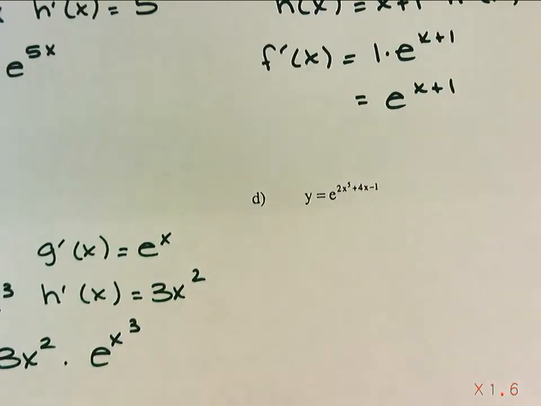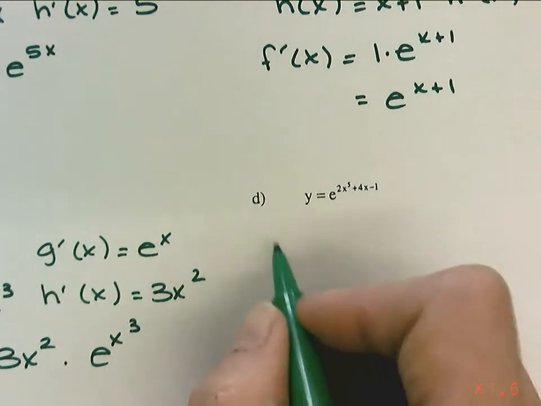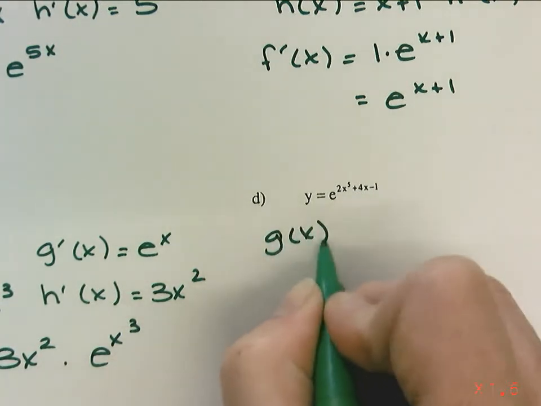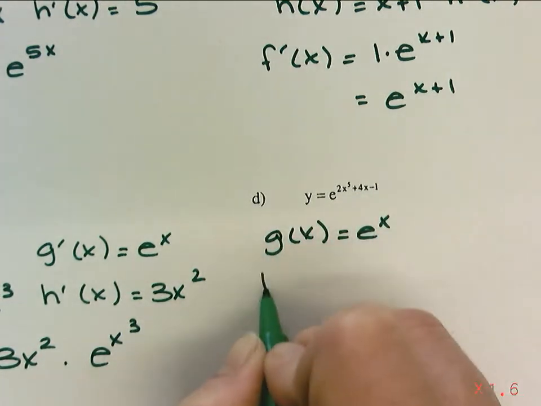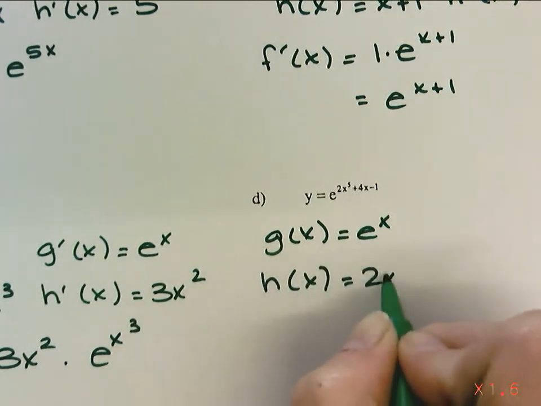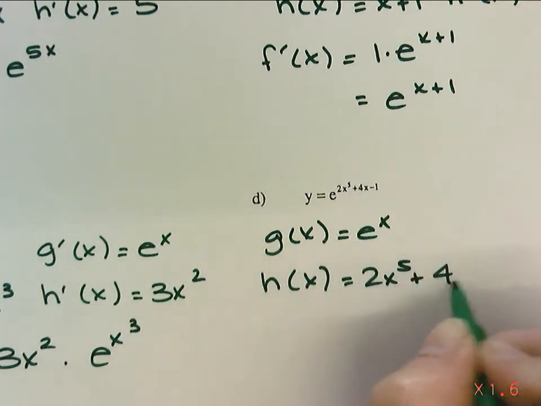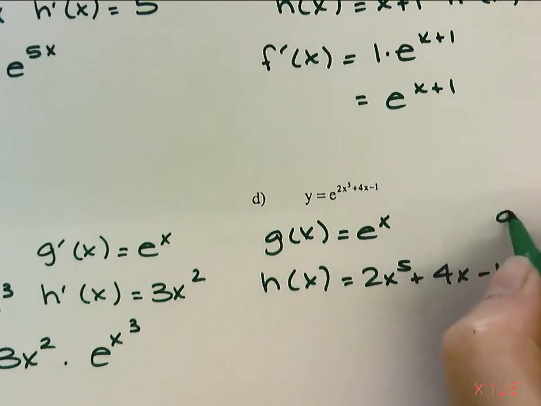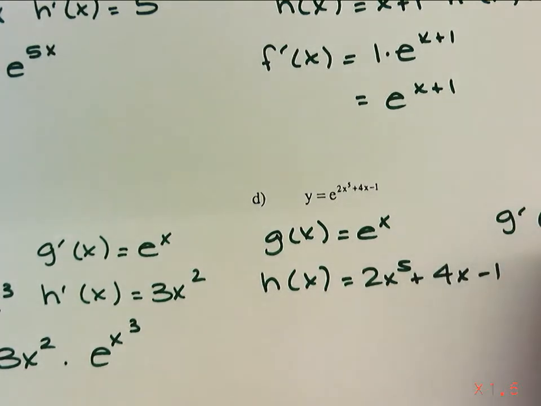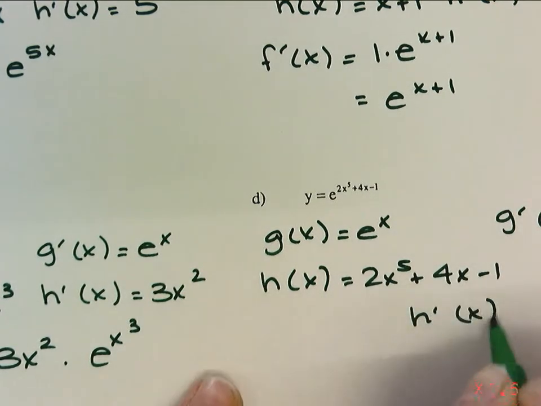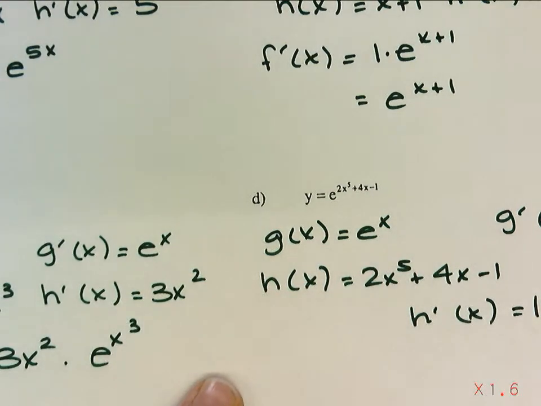Looking at the last one on this side, the outside is e to the x, the inside is the polynomial. G prime of x is e to the x, and h prime of x is 10x to the power of 4 plus 4.